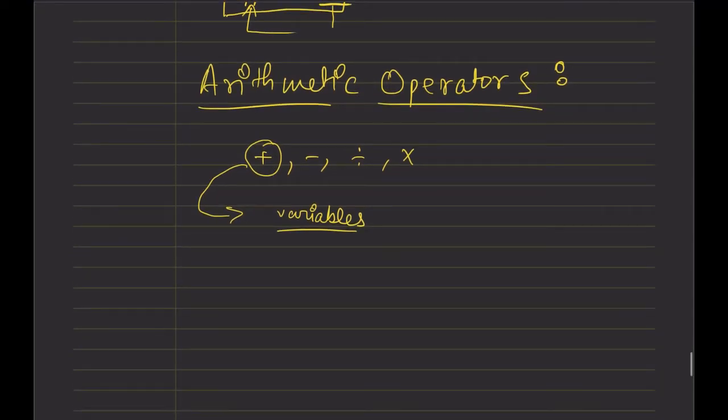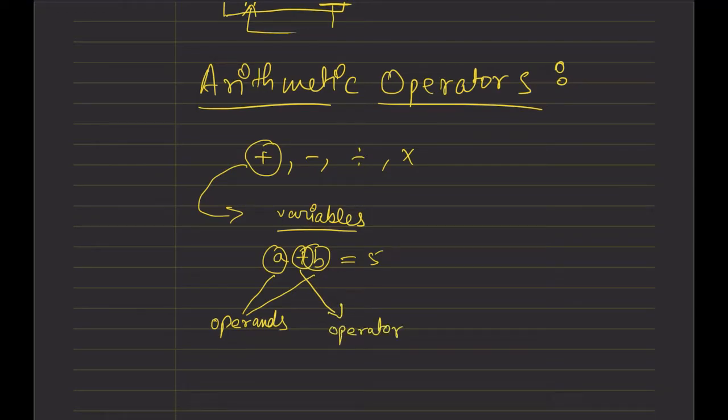Let me give you one example. Let's take an equation like a plus b equals 5. In this particular equation, a and b are both called operands. The plus sign in between a and b is called the operator, and as usual 5 is called a constant.